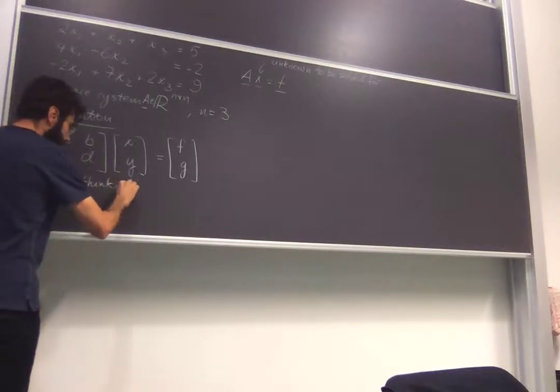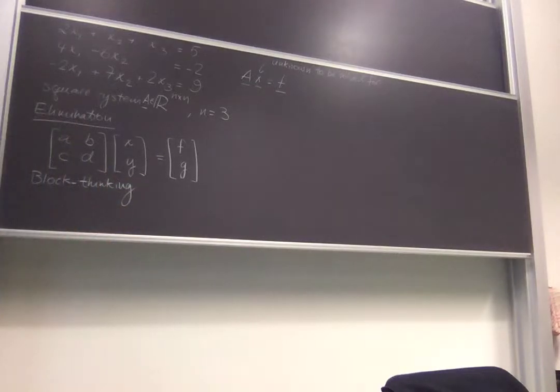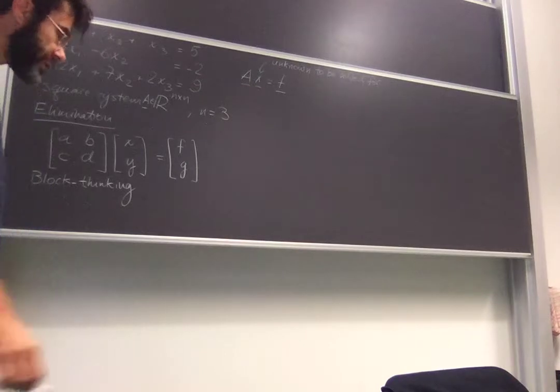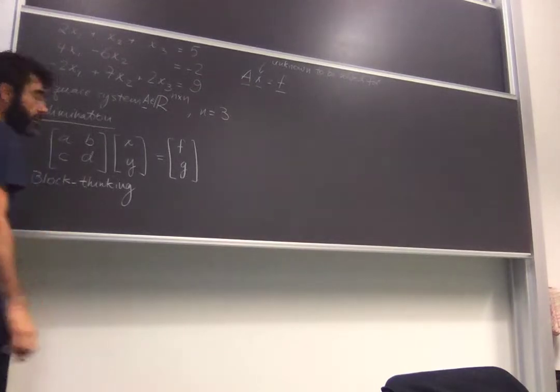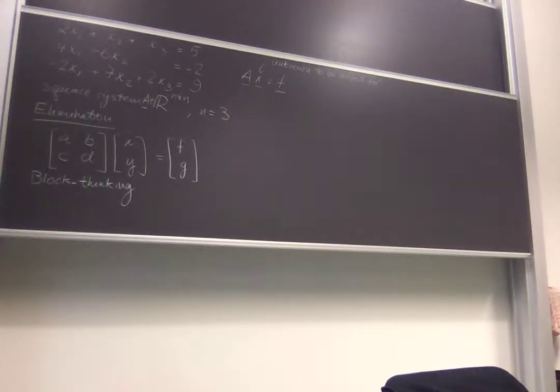Block thinking means that you think of the coefficients of the matrix to be more general than just real coefficients. Anything that can multiply, in fact, works as a coefficient. Anything that can multiply and that is distributive with respect to addition will work.